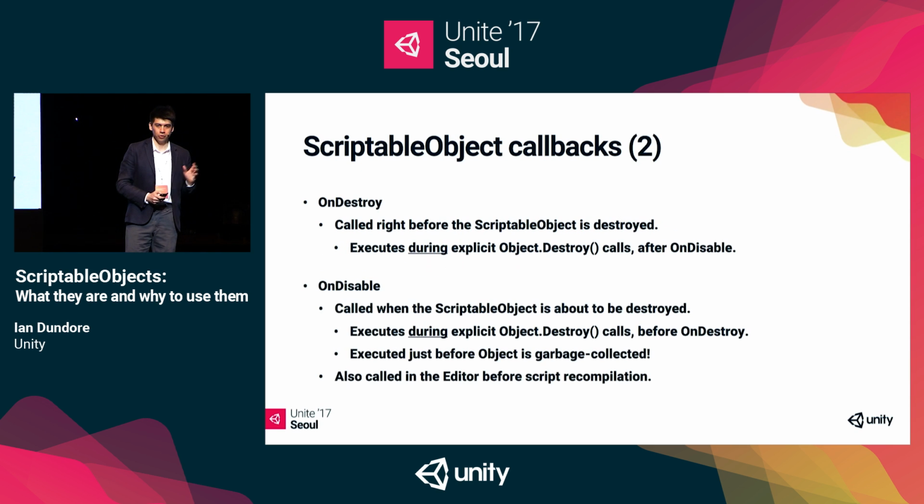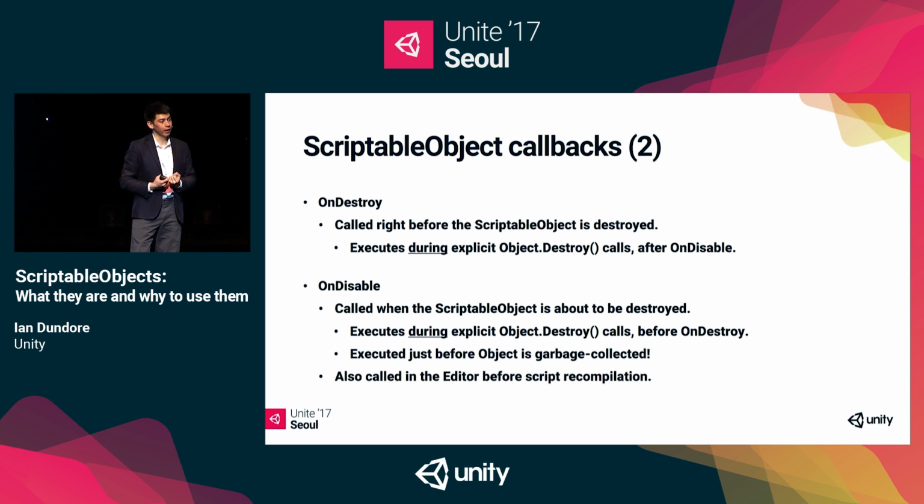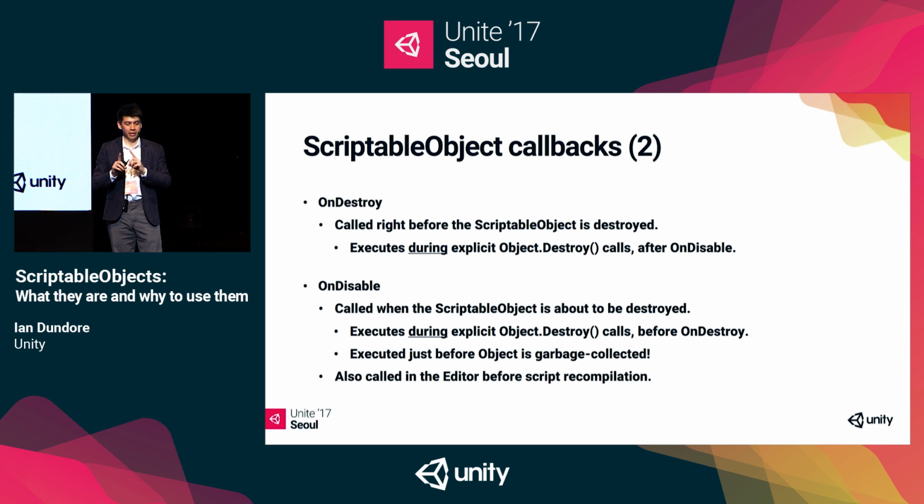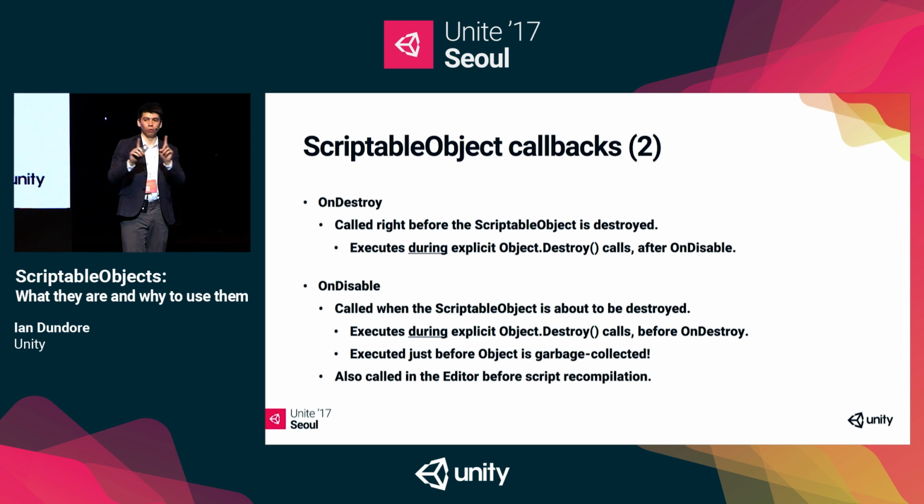Okay, the other two. OnDestroy is called right before a scriptable object is destroyed. But it is worth noting that OnDestroy is only called in response to the Destroy or DestroyImmediate APIs. It will execute after the OnDisable callback. OnDisable is called when the scriptable object is about to be destroyed, but not just when you call Destroy or DestroyImmediate.